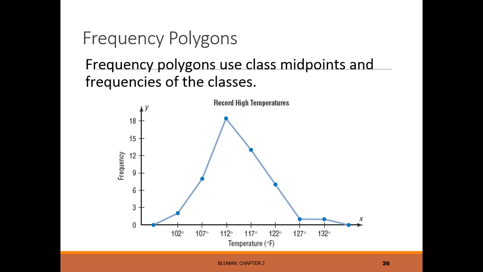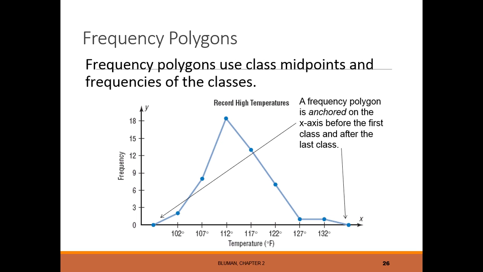This is what it looks like. I did say distribution in the last one, but a frequency polygon is anchored on the x-axis before the first class and after your last class.